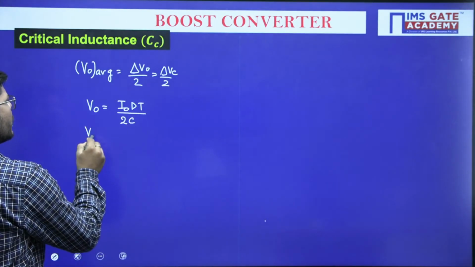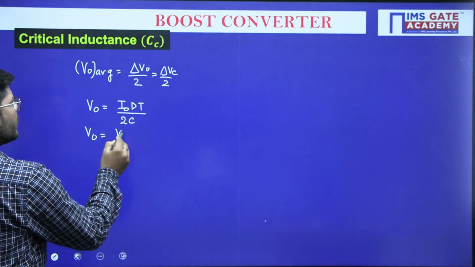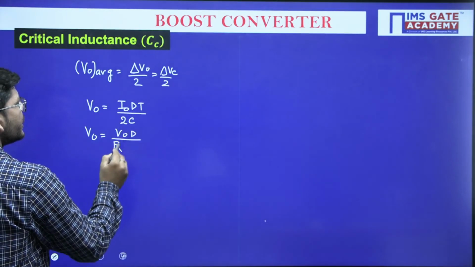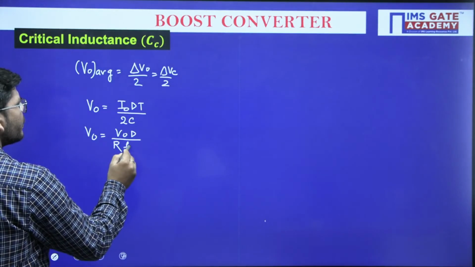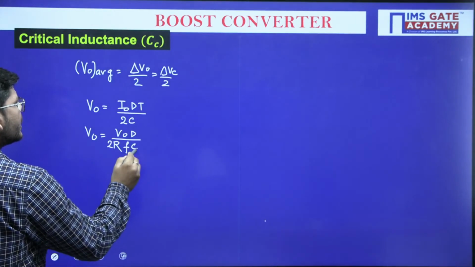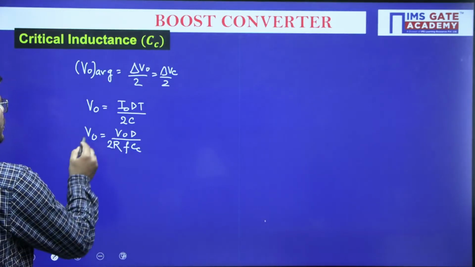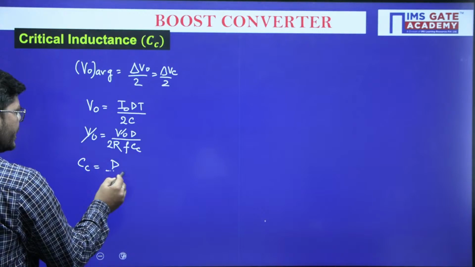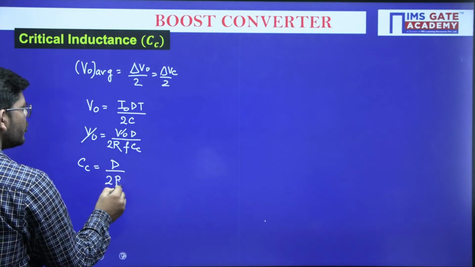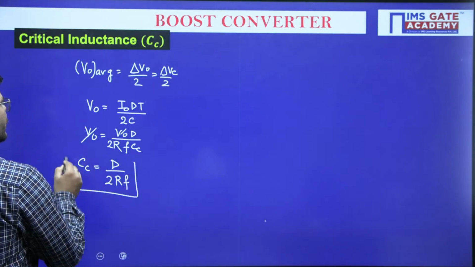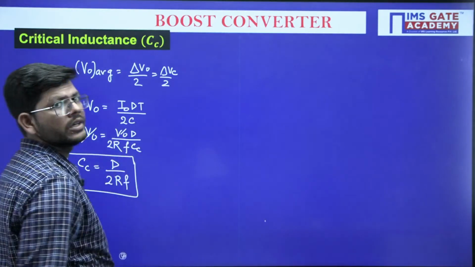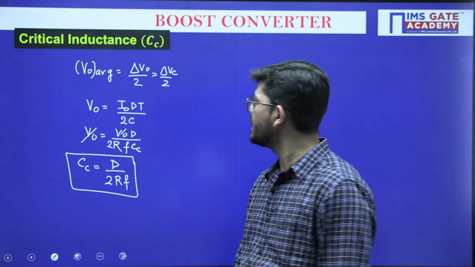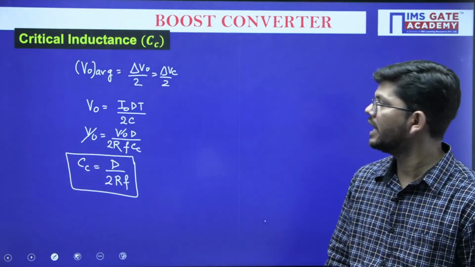Now this is V naught, and we can write V naught by R. D is D, T can be written as 1 by F, and 2 and C are already there, and this C will become CC right now. So V naught and V naught get cancelled, and CC will be equal to D upon 2RF. So this is the value of critical capacitance that we have here.